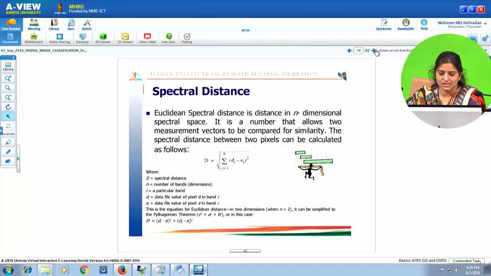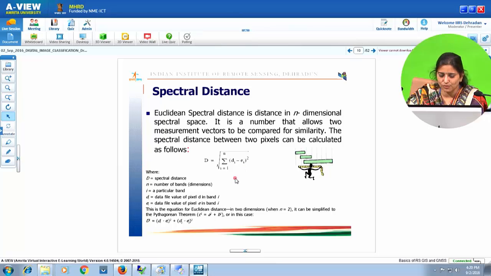The spectral distance between two pixels can be calculated as D is equal to square root of summation from i is equal to 1 to n of (d_i minus e_i) whole square, where capital D is the spectral distance, small n is the number of bands which we are using in the classification, i is a particular band, and d and e are two different pixels.